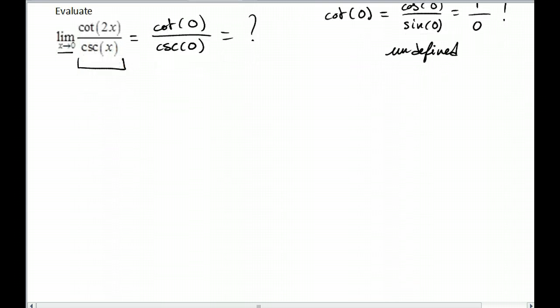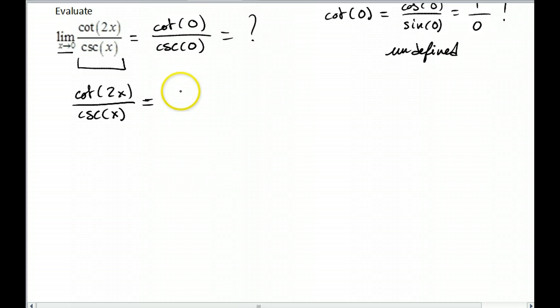Okay, so let's take the expression cotan of 2x over the cosecant of x. And I'm gonna start with something that you should do all the time. Anytime I have a cotan, a tan, a secant or a cosecant, I change it to sine and cosine. I change everything to sine and cosine.